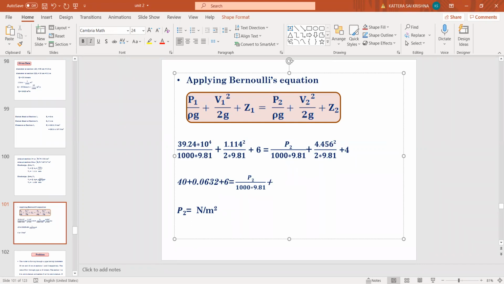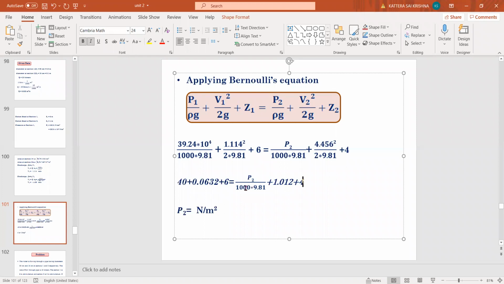1.0293, sir. Plus 4. Right. So now first you add these terms here, and then you can separate this from here to here.